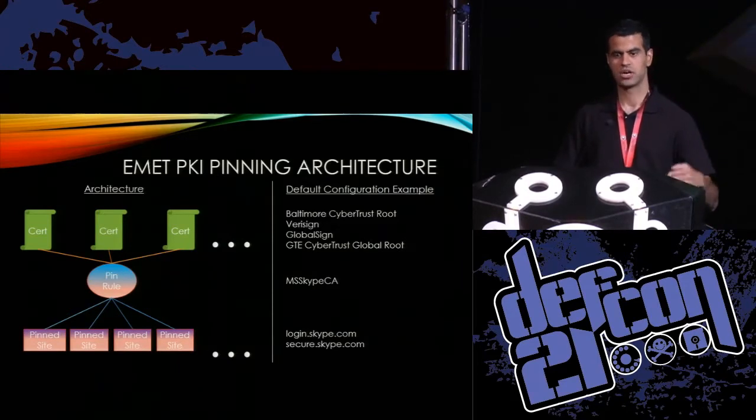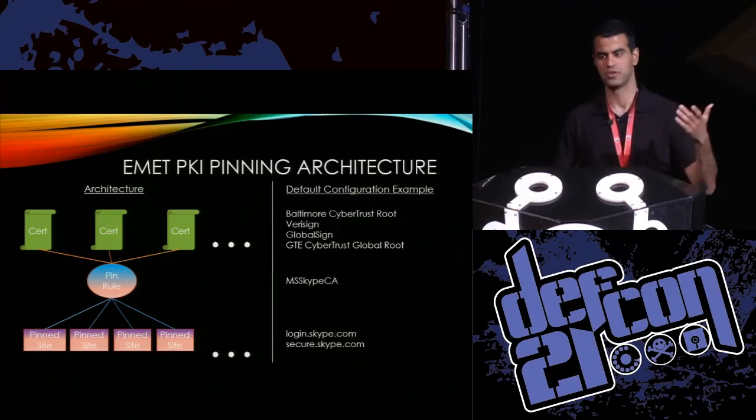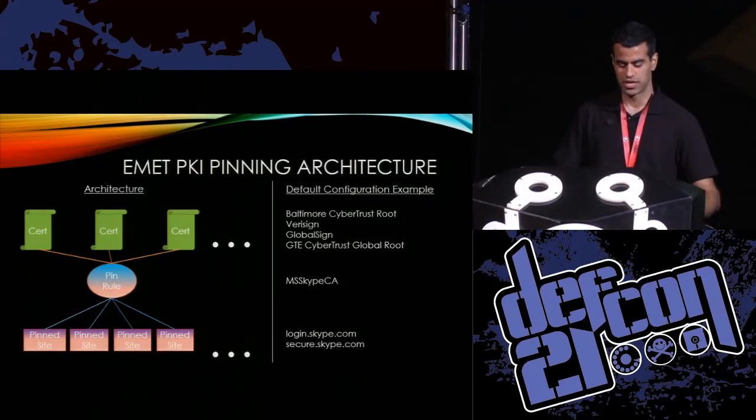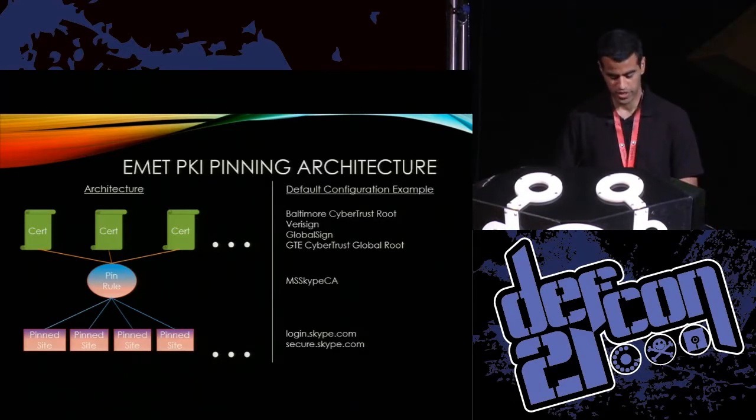And the expectations that we're forcing via the definition of pinning are pinned to things that we expect to see, like Baltimore CyberTrust, VeriSign, GlobalSign, and GTE CyberTrust. In general, different services under the same organization share certificates that they pin to.